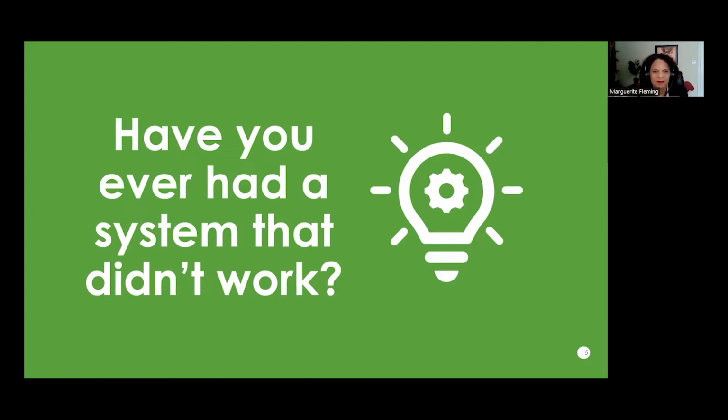It was broken. It wasn't effective. There are systems that might have been sending out the wrong invoices. There are systems that might not have been tracking things appropriately, right? A system that doesn't work costs you a lot of money and time in doing your business. It impacts your ability to do your work. And that's what digital transformation is about: to close those gaps, to make you more productive, effective, competitive.